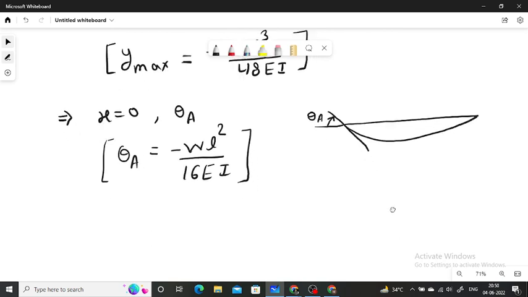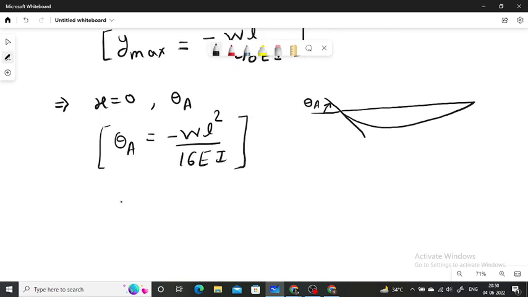Now the slope at the point B, x is equal to L, will be equal to WL square upon 16 EI. Here the plus sign shows that the slope at the point B will be calculated from the positive x-axis in counterclockwise direction.